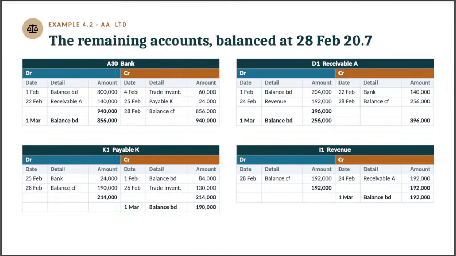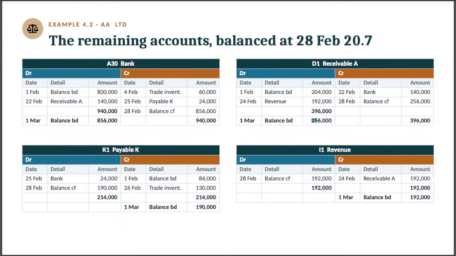So we took some of that money from the receivables and we put it into our bank account. So we have 256,000 for the CF balance here. That was left over from here. And we add that all up, so we have the 396, we have the 396 here. So our balance down is $256,000.